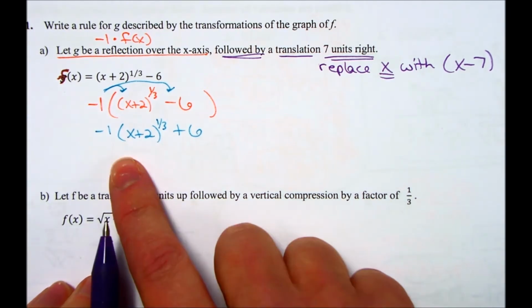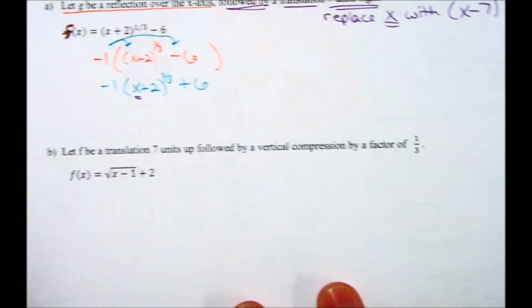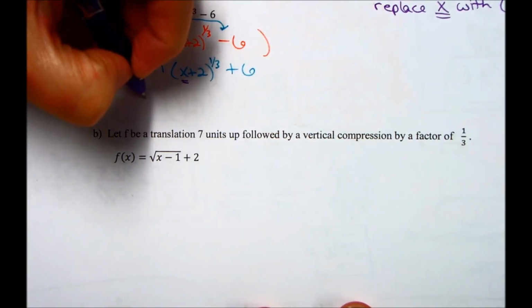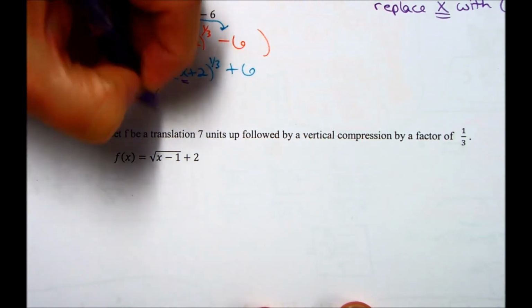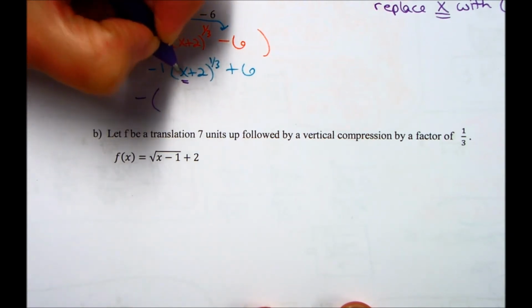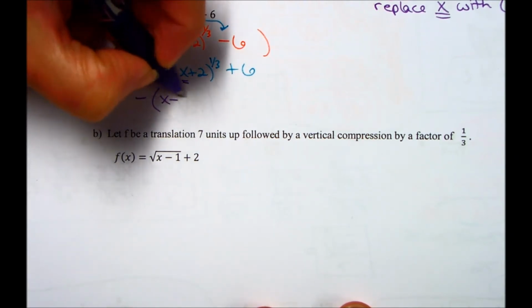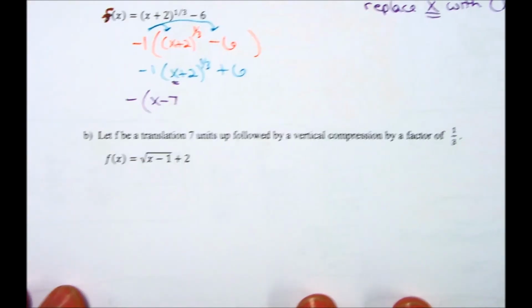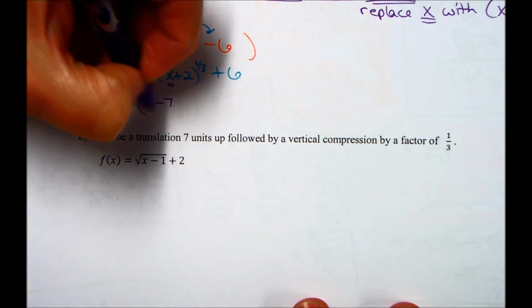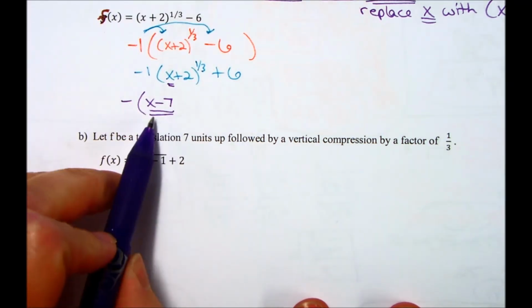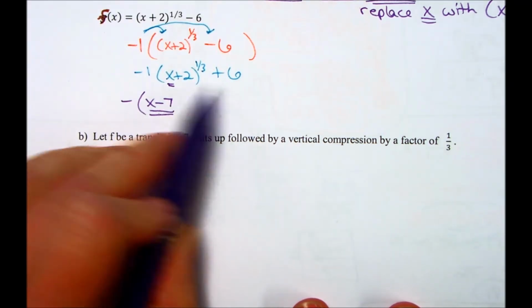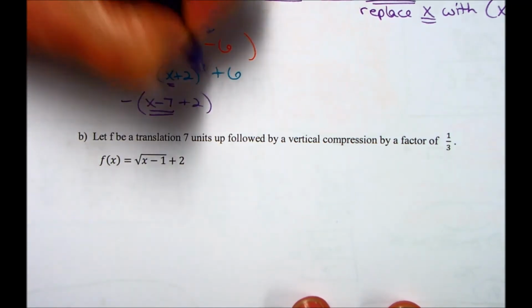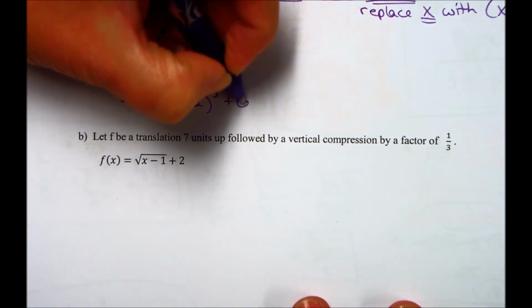Well, we've already got x here. So taking this equation, we don't necessarily need the 1 there, but I'm going to replace that x with x minus 7. So whether you put in parentheses or not by itself is not important, but this x gets replaced with x minus 7, but everything else is going to stay the same. Plus 2, and then to the 1/3 power, plus 6.